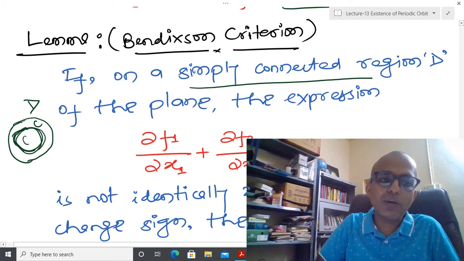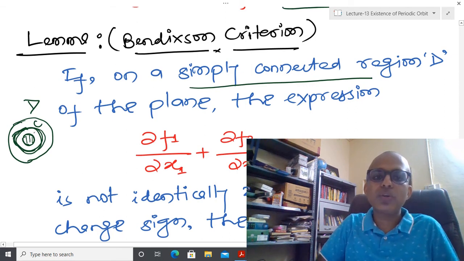Suppose I have some kind of hole here, or some kind of annular region. You can see that this region is inside this D, but it is not a subset, so it is not connected. So we are not going to consider this kind of situation.